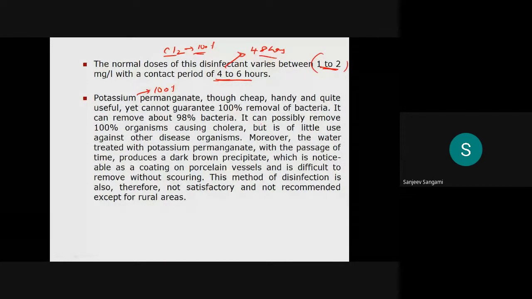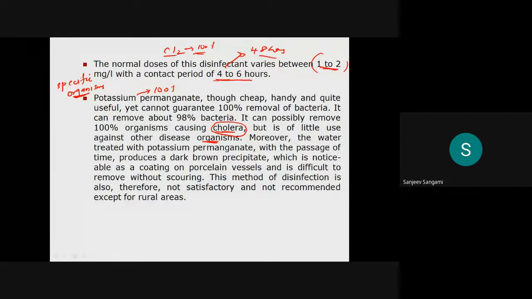It can possibly remove 100% of those causing cholera, with only some specific organisms, but it is of little use against the other disease organisms. Cholera causing bacteria or pathogens, 100% it is going to remove.